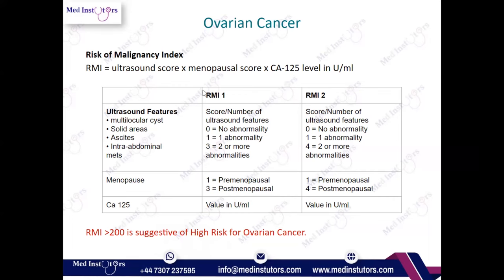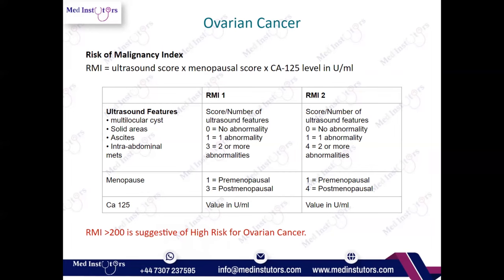So make sure you choose the option which shows that we multiply ultrasound score with menopausal score and multiply that with CA 125 levels. So make sure you go with the right option. So one SPA done.